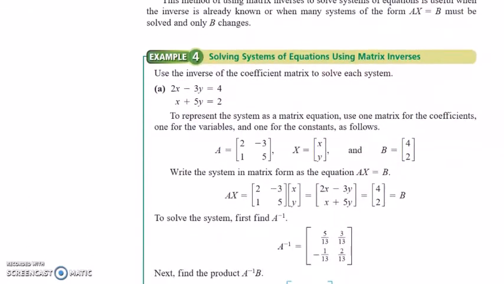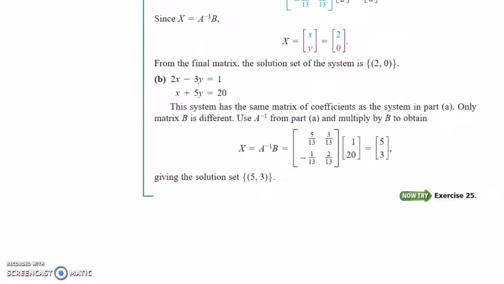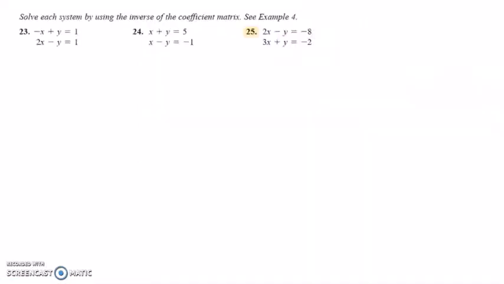I think I'm just going to jump in, for the sake of time, to exercise 25. The directions for 25 read, solve each system by using the inverse of the coefficient matrix.